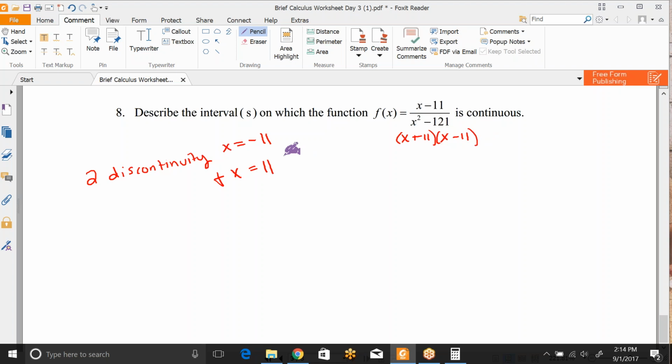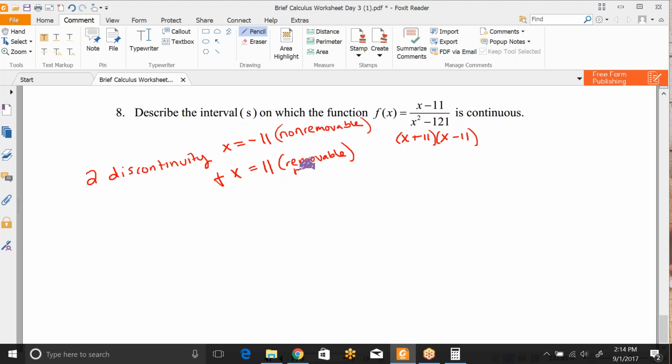Positive 11 is actually removable because that could be factored out. We don't actually say that it's gone, but if you factored it, then it would just be a hole. You can actually still find the limit there, but you can't say that it's continuous. And then this one is actually undefined because we can't divide by 0, so this is a non-removable. This would be a vertical asymptote.